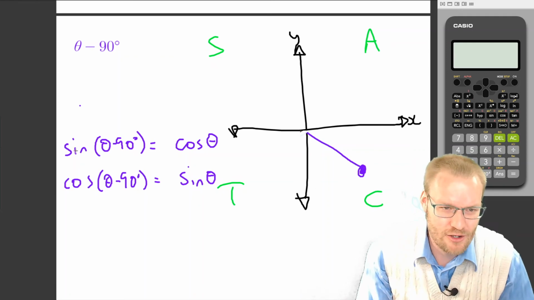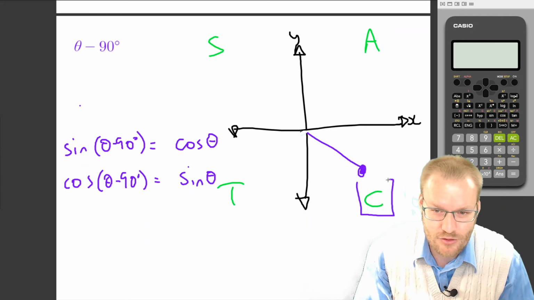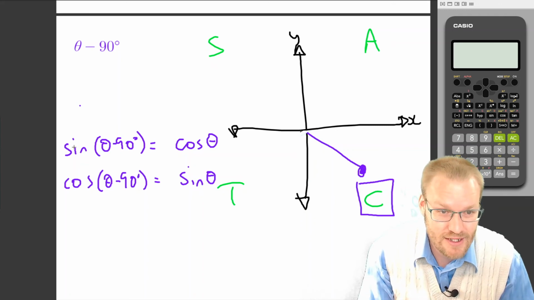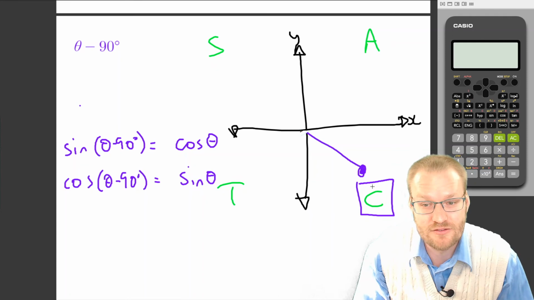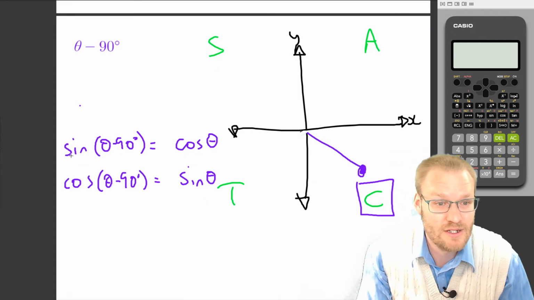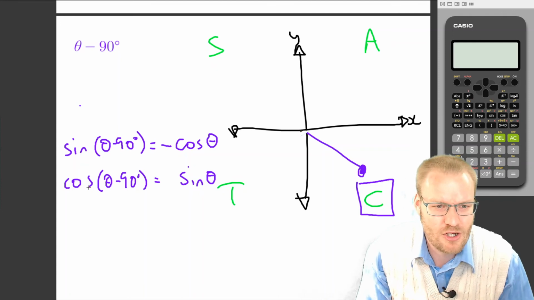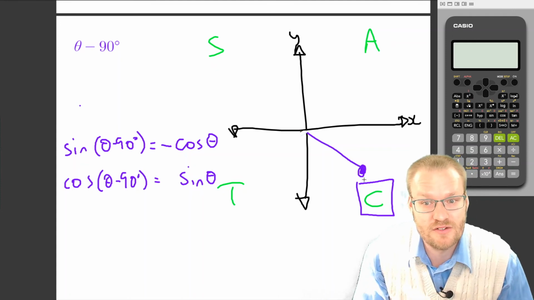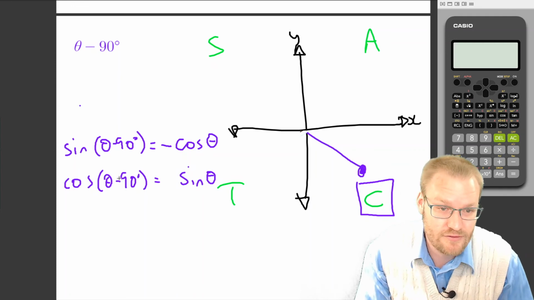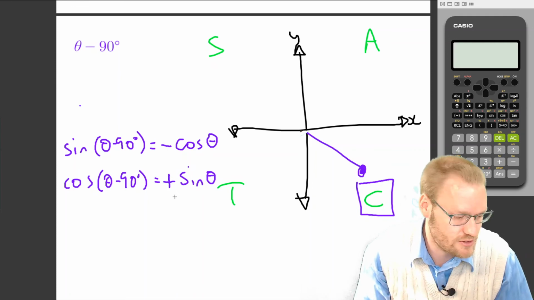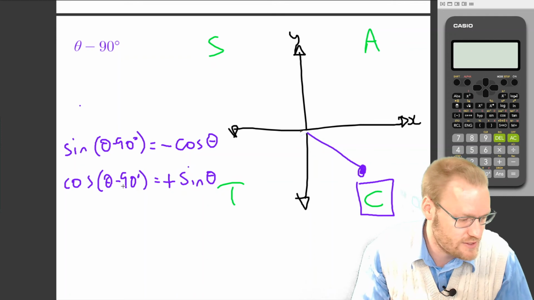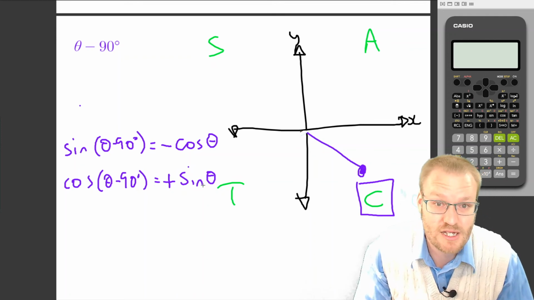So looking at our original trig function, we're in the fourth quadrant. Is sine positive or negative in the fourth quadrant? It's negative, so this must be negative. Is cos positive or negative in the fourth quadrant? Positive, so therefore this stays positive. So cos of theta minus 90 is just sine theta.